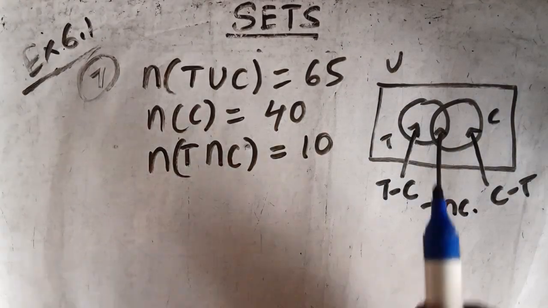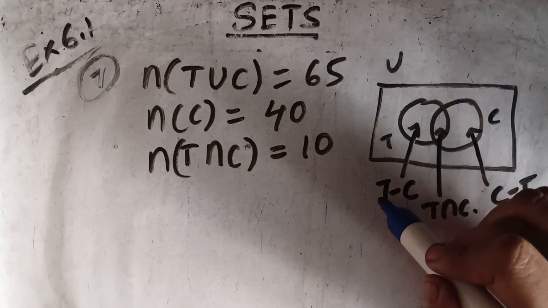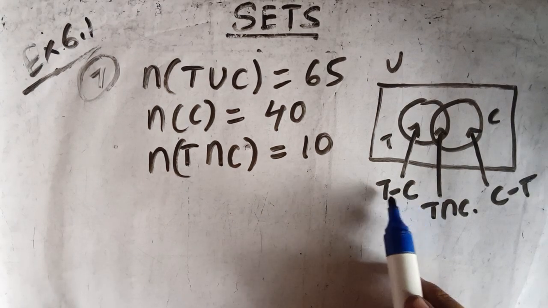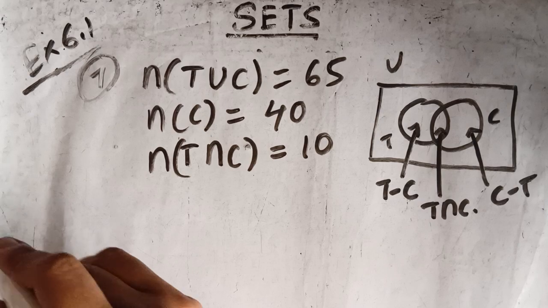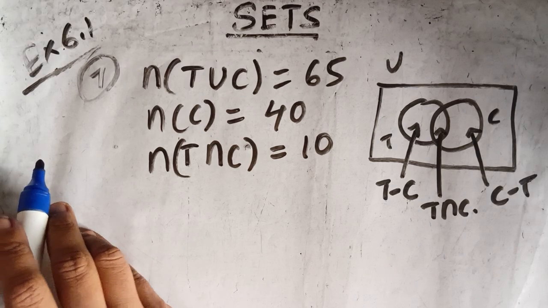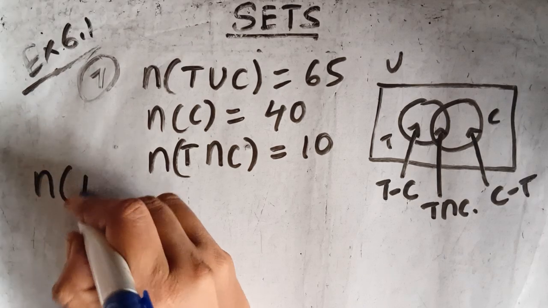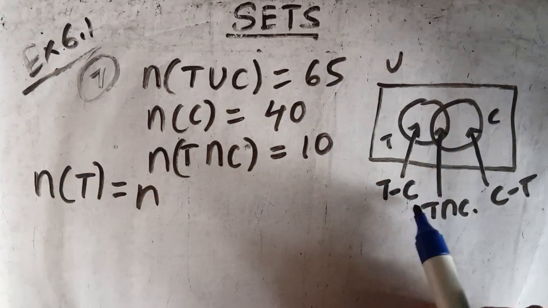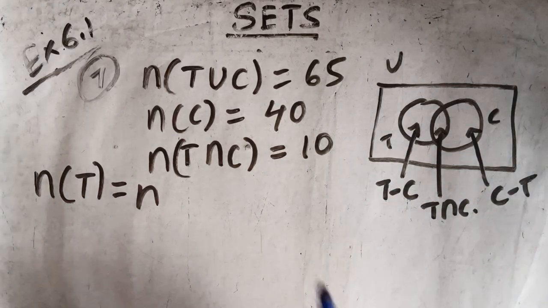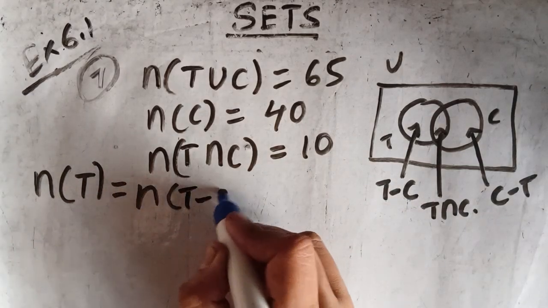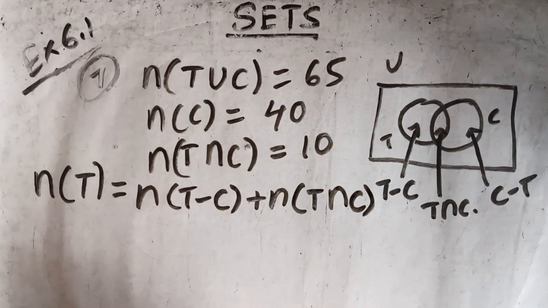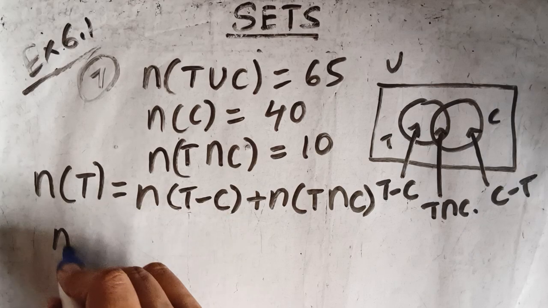When you are calculating only tennis, you have to do T minus C. The number in T is both parts, T minus C and T intersection C. So we need this.